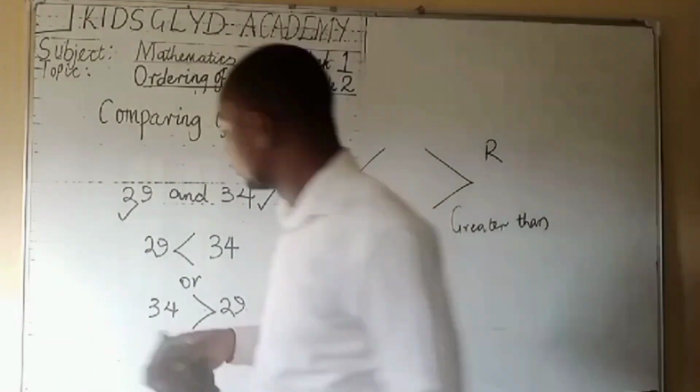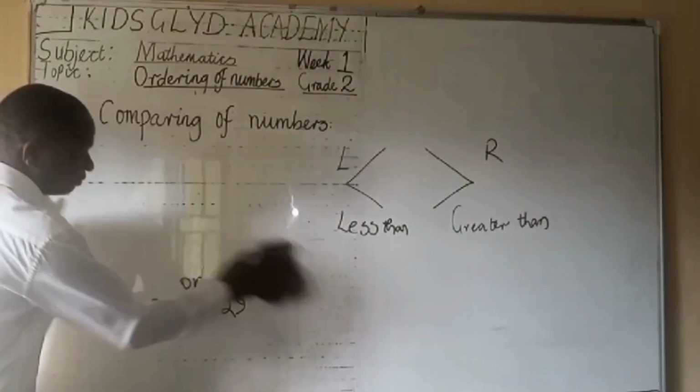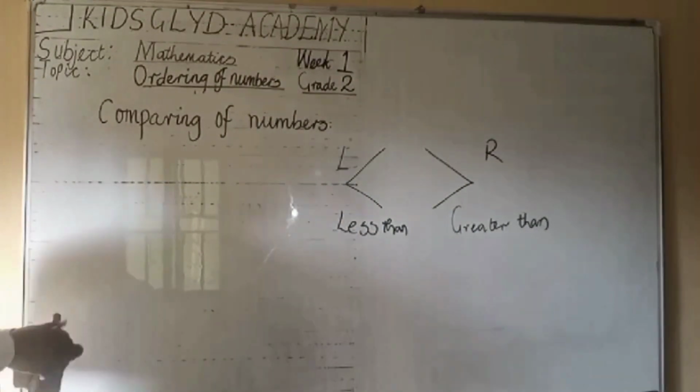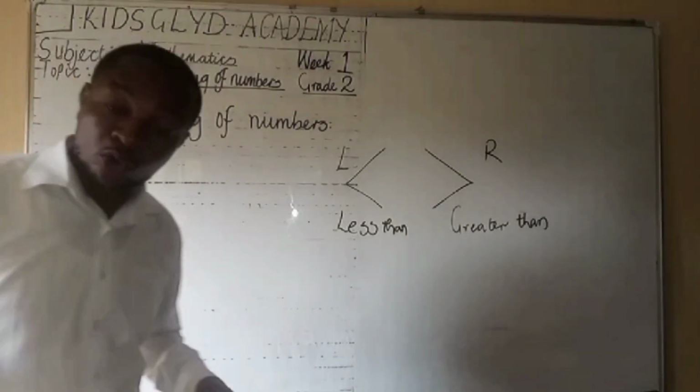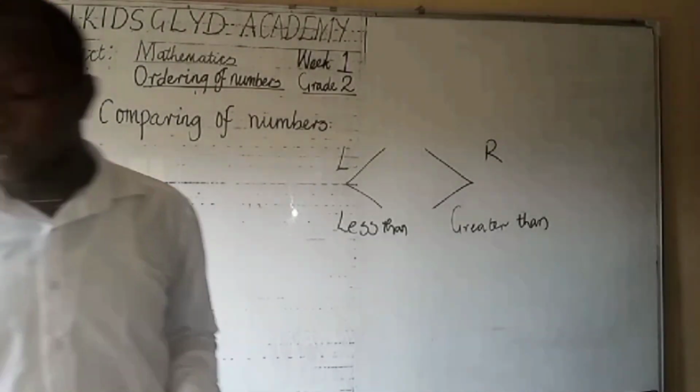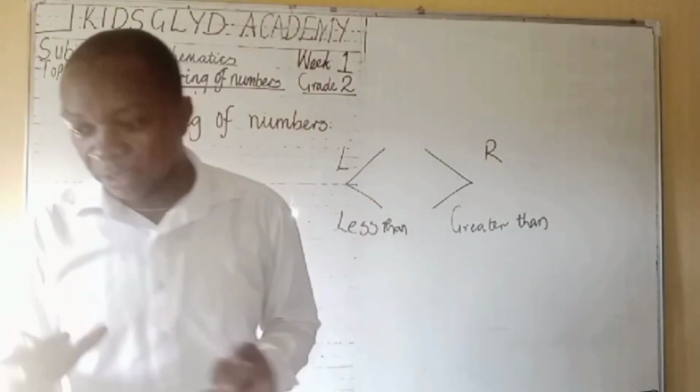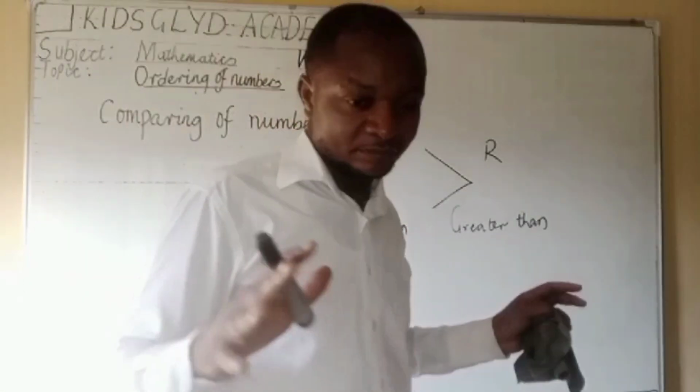Now, let's use some different items to order numbers. First of all, before you are able to order numbers, we should know how to count our numbers. For example, let's just say from 1 to 20 first.